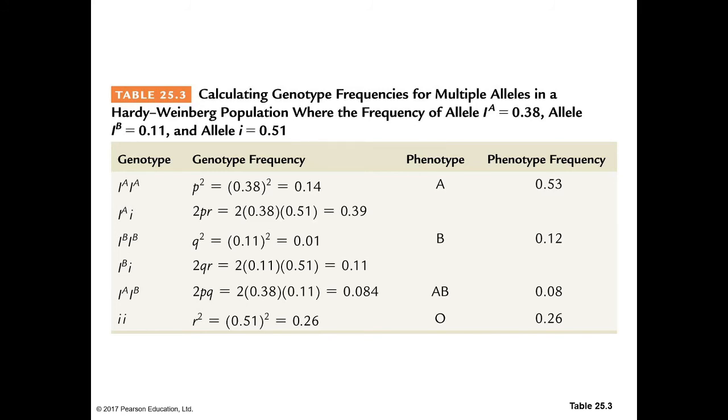Then 2PQ is 2 times 0.38 times 0.11. What you get is 0.084. It is quite a low number, because in real life, people with AB are quite rare to find. You combine all of the numbers, 0.53, 0.12, 0.08, 0.26. What do you get? You get 1.0. So that's when you know that your calculation is correct.